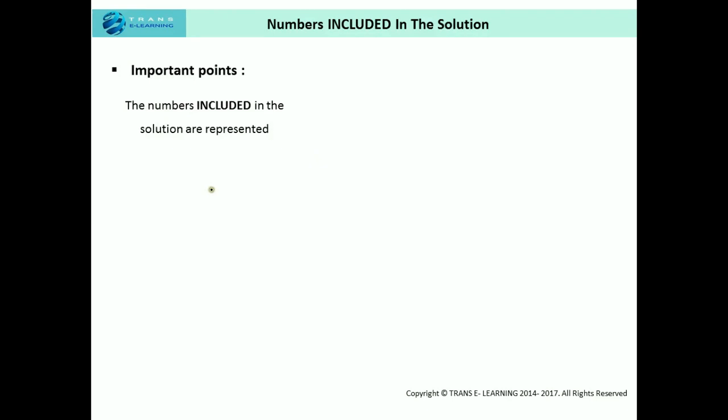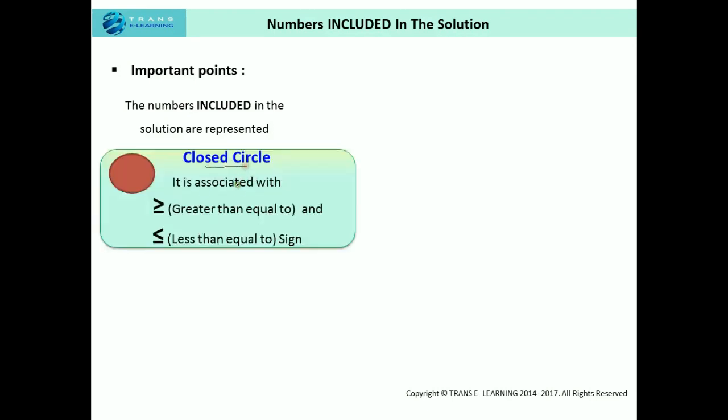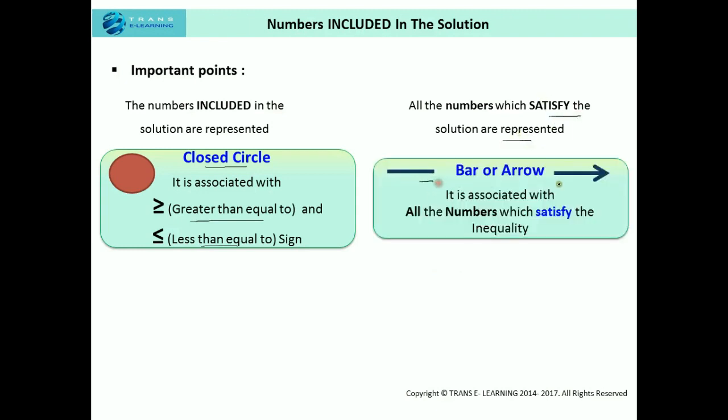Now the numbers which are included in the solution. The numbers included in the solution are represented by a closed circle. It is associated with the greater than or equal to, or less than or equal to sign. And the numbers which satisfy the solution are represented by a bar or arrow. It is associated with all the numbers which satisfy the inequality. So if we combine the closed circle and bar or arrow, how are the numbers included in the solution represented?